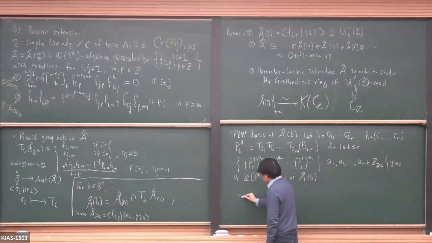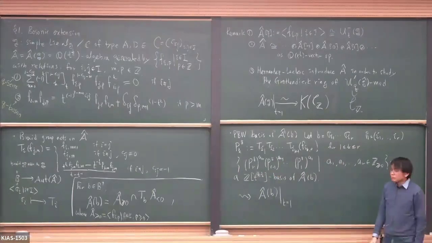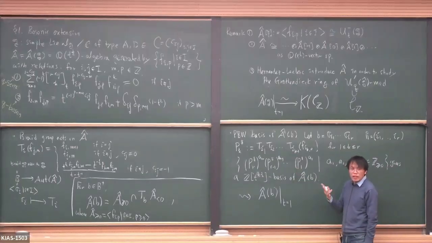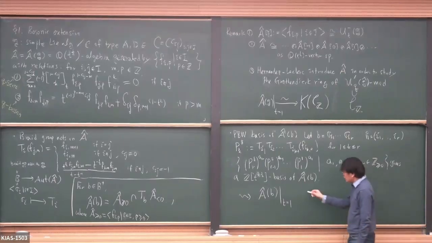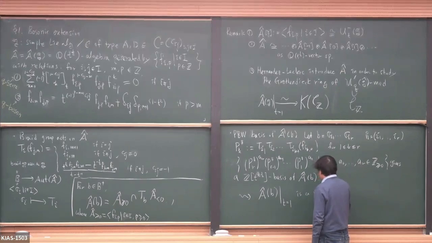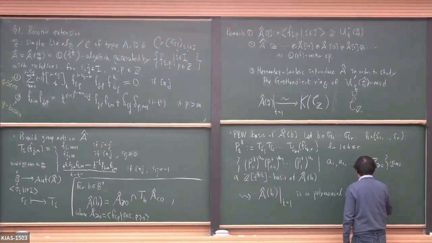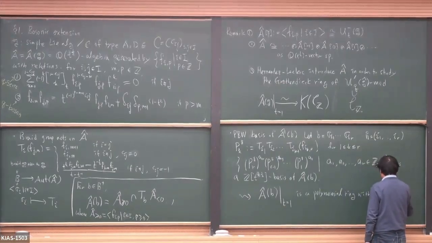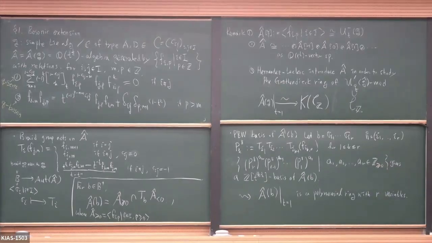From this one, we can easily observe the following. If we consider A hat B and specialize t equal to 1, to do this you need to take the lattice generated by this basis and evaluate t at 1. Then it is a polynomial ring with r variables. So we have a nice algebra and a nice basis.